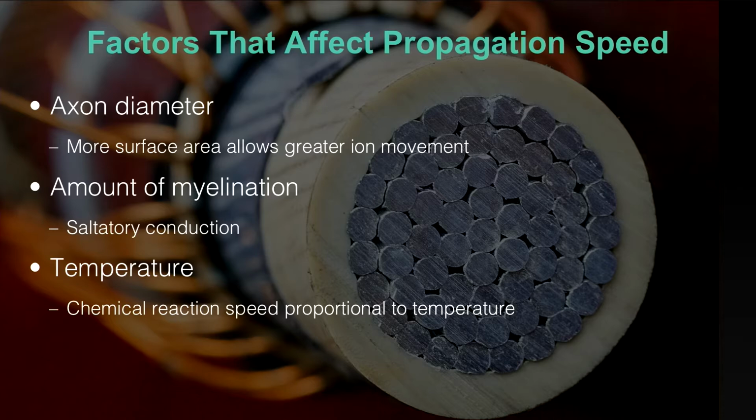So these factors don't change the strength of the action potential, they change how quickly the action potential fires or is transmitted. And this is why we can differentiate between light touch and firm touch. Firm touch, action potentials are being fired much more quickly in succession, more of a signal.